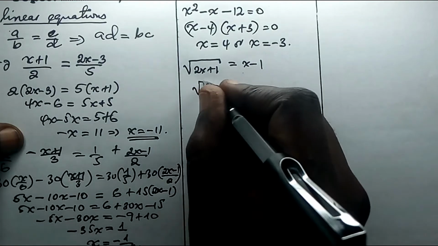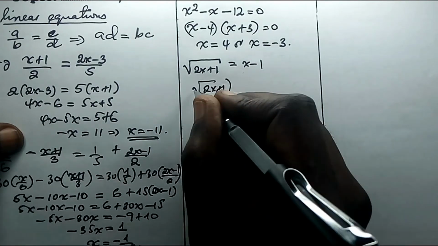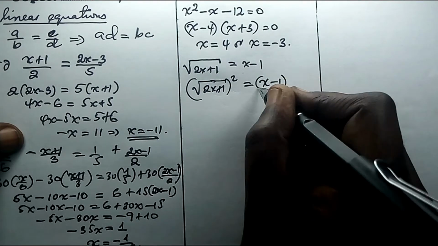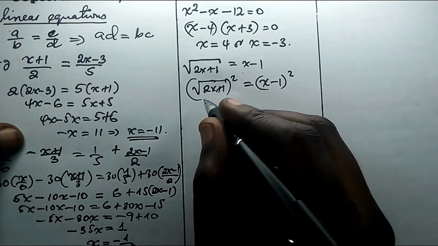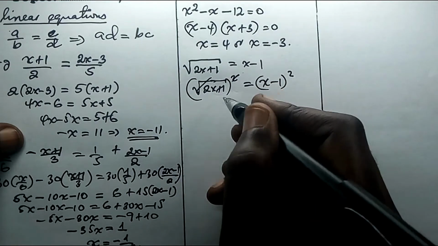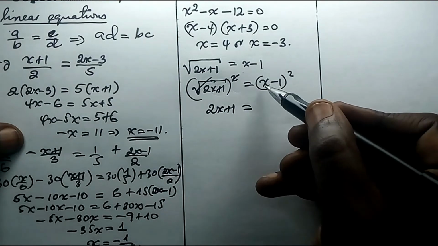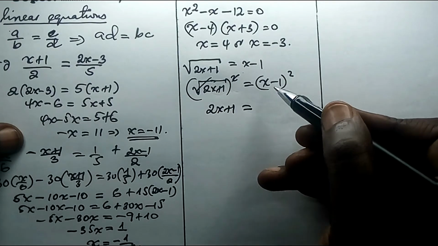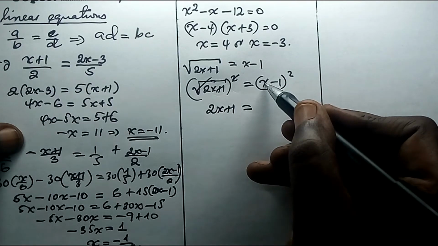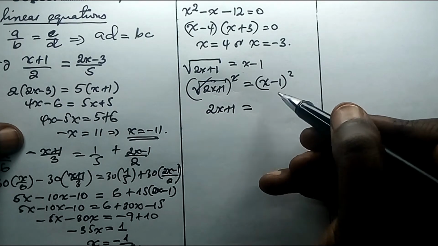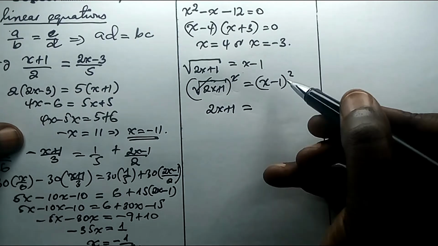So I'll have to talk of 2x plus 1 all squared equals x minus 1 all squared. And the square root and the square cancel. So I get 2x plus 1 equals, to expand this directly, I square the first term, then multiply the first by the second times 2 to get the middle term, and then I square the last term.